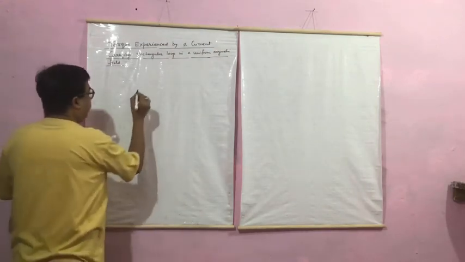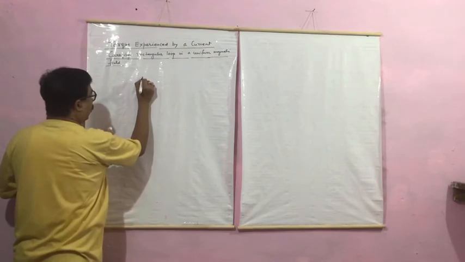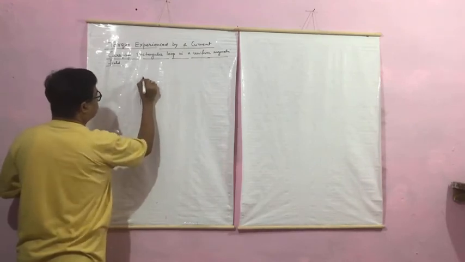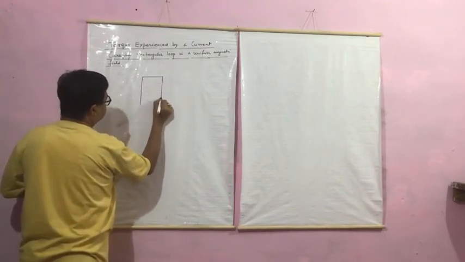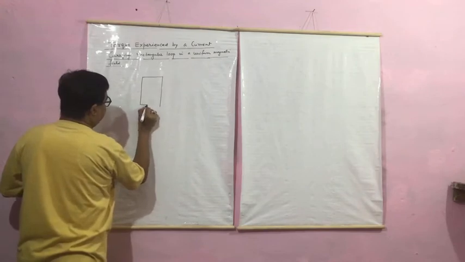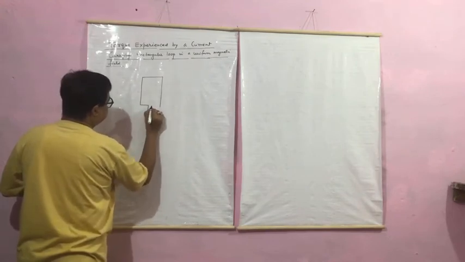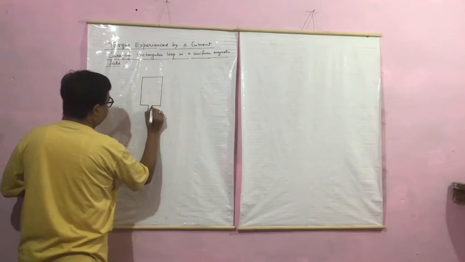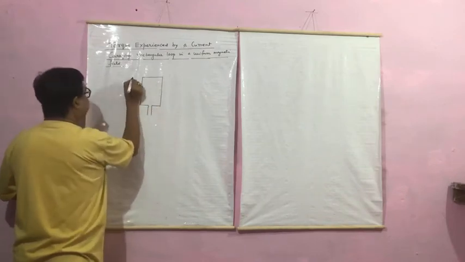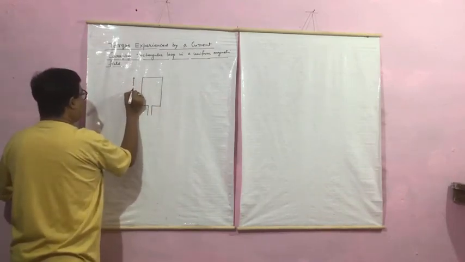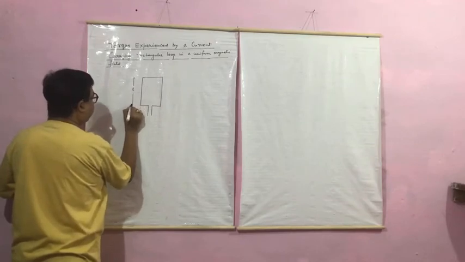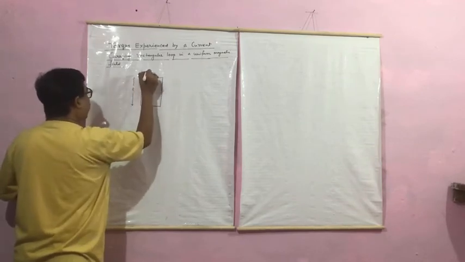Right? So we have a rectangular loop whose length is L and breadth is B. So the length of the loop is small l and breadth of the loop is small b.